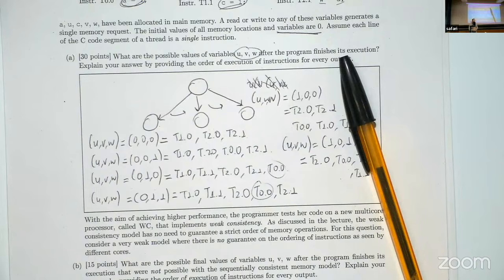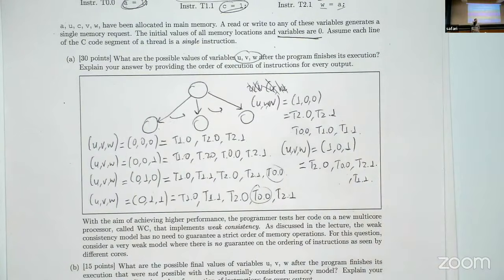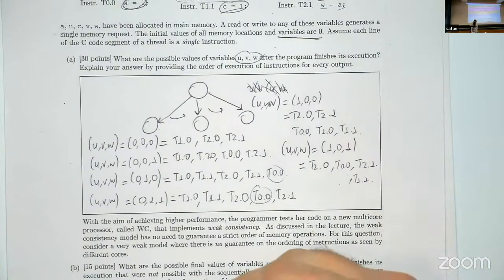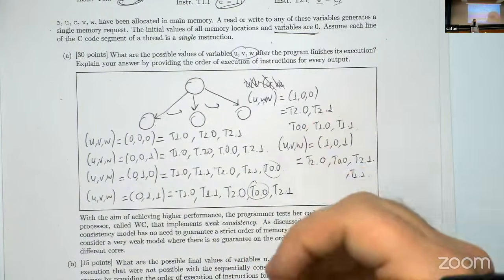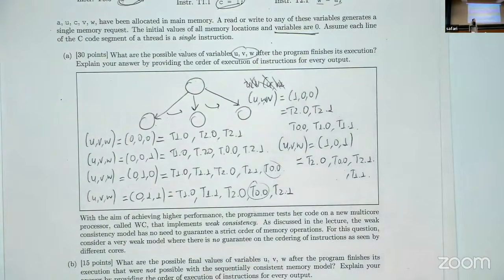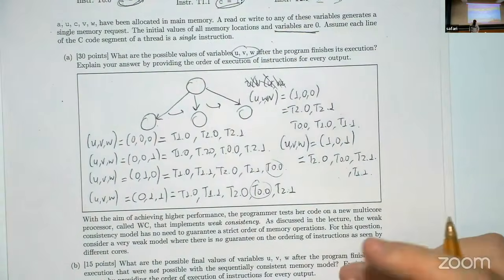And right now, some of the outputs in the weak consistency model are possible. So we need to find the UVWs that end up in 1 1 0, which is the only one not possible in the sequentially consistent output, which is possible right now in the weak consistency model.